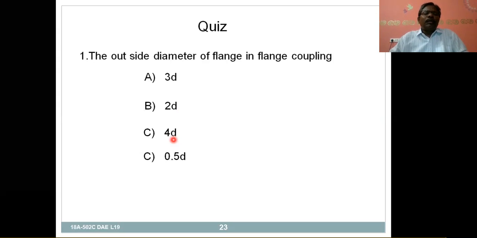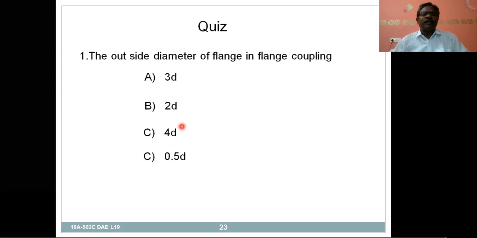So only the letter C, that is 4D, can be the outside diameter of the flange. Generally, d is the shaft diameter, 2d is the outside diameter of the hub, 3d is the pitch circle diameter, and the outside diameter is 4d. Simply, you must remember it like this. And the thickness of the flange is 0.5d for unprotected type flange.